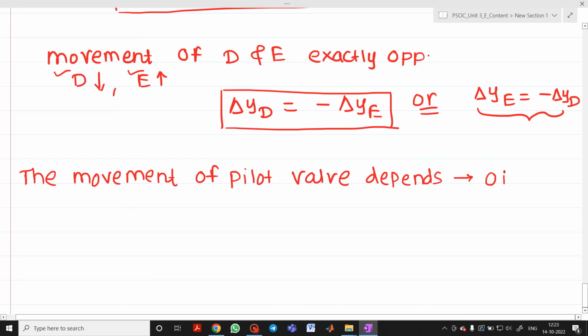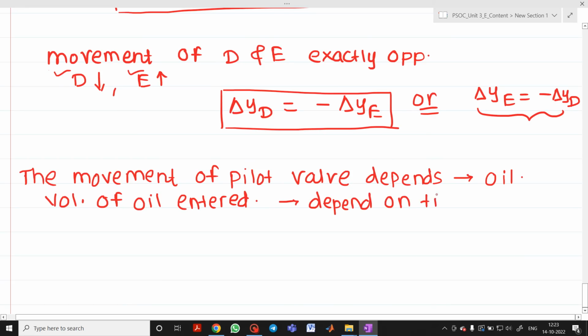Upon how much amount of oil enters, or in other words, what will be the volume of oil entered into the cylinder or into the main piston, which will depend on the time integral of delta yD.